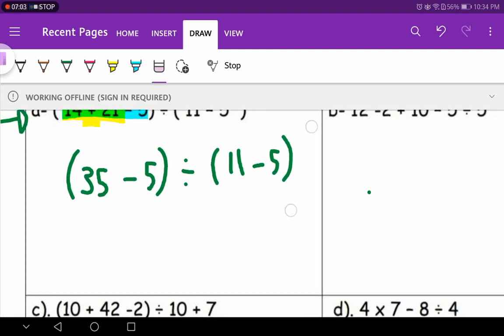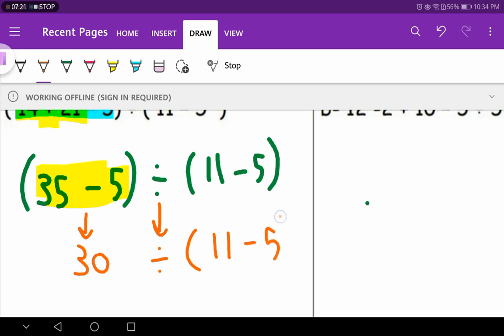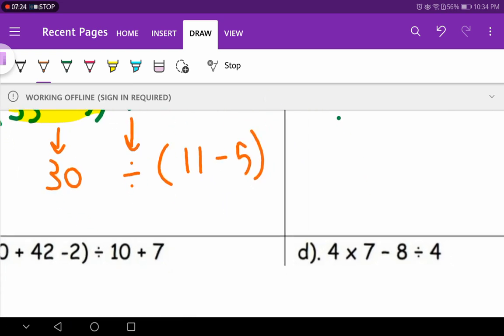Now, I have two brackets here. I start from left to right, so this gives me 30. And I copy what is left. It is better to do one operation each time. Okay, so now I have division, and the division is stronger than the minus.